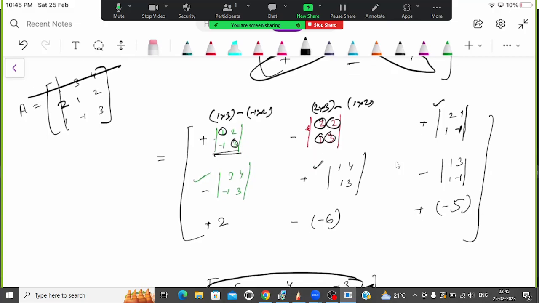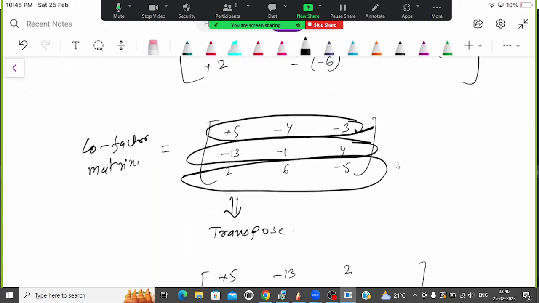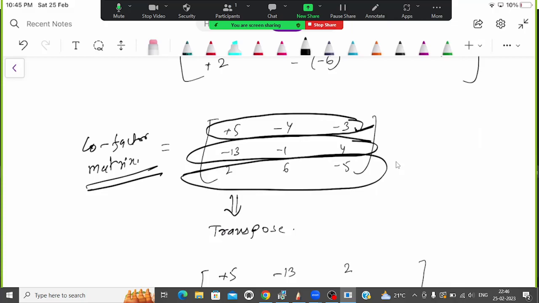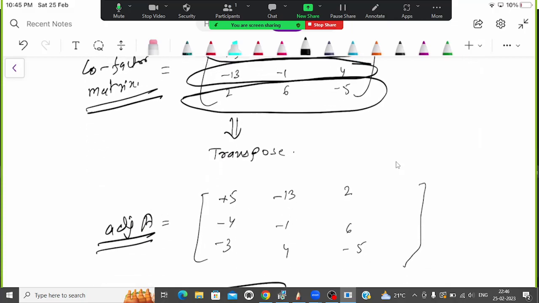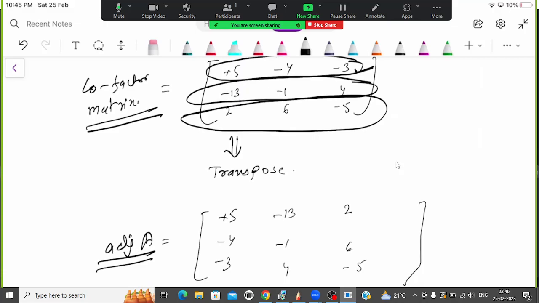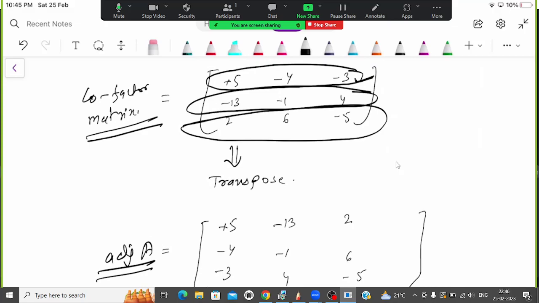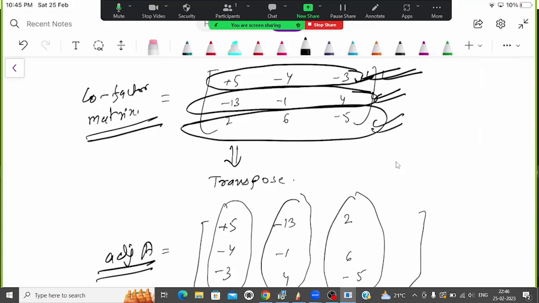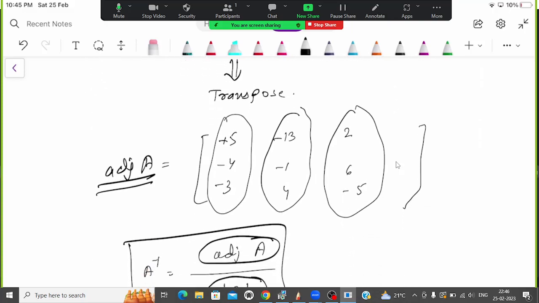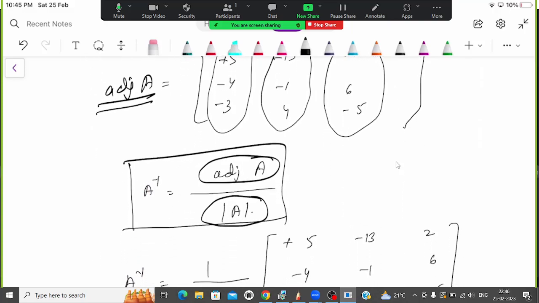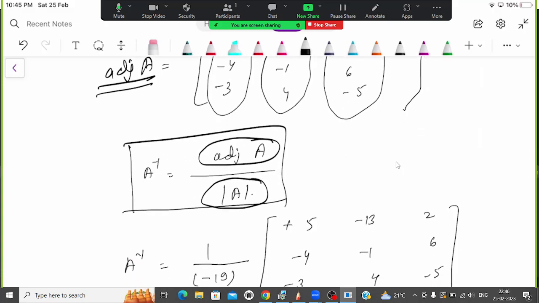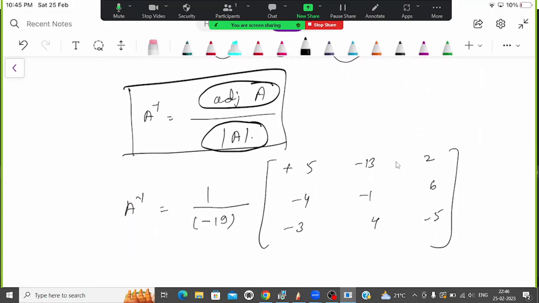Similarly I followed this pattern, so I got the cofactor matrix. If you transpose the cofactor matrix, you will get the adjoint of A. You make the first row the first column, the second row the second column, the third row the third column. This is how you get the transpose. So A inverse means adjoint of A divided by the determinant of A.